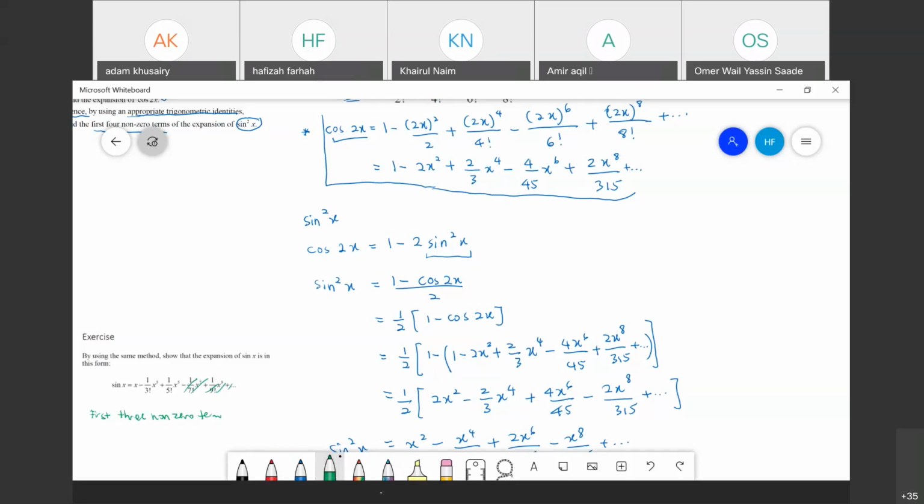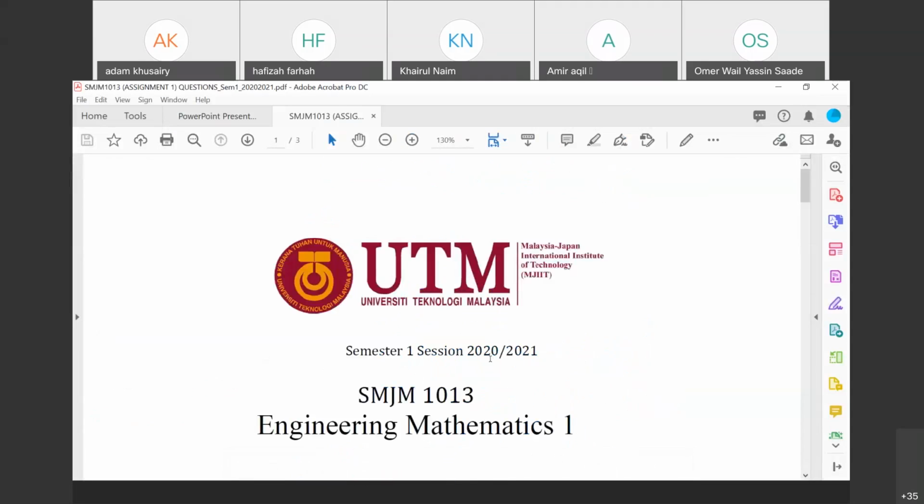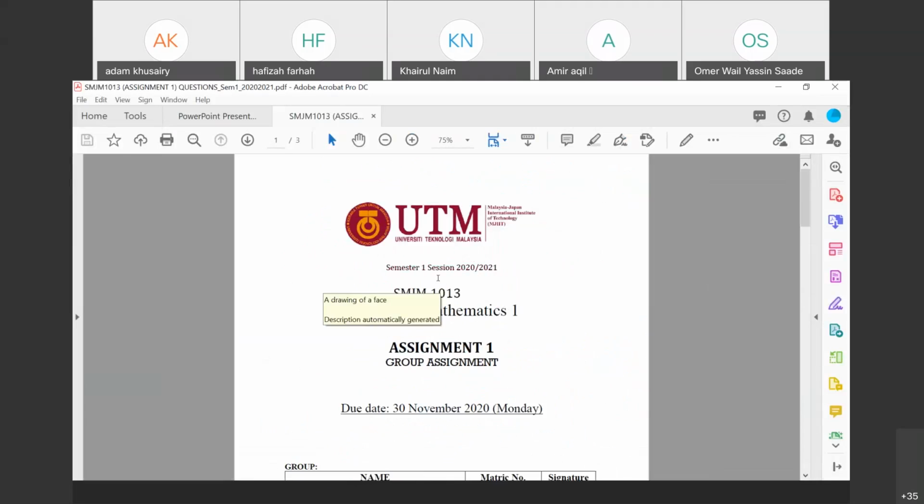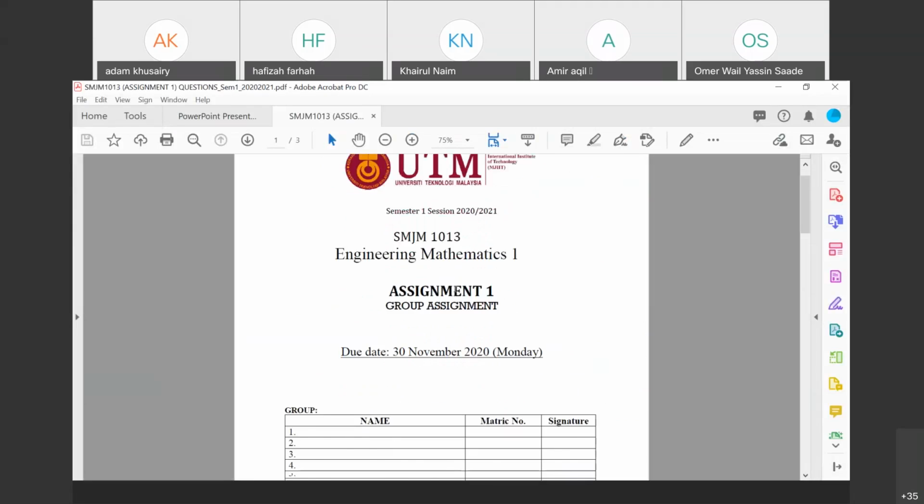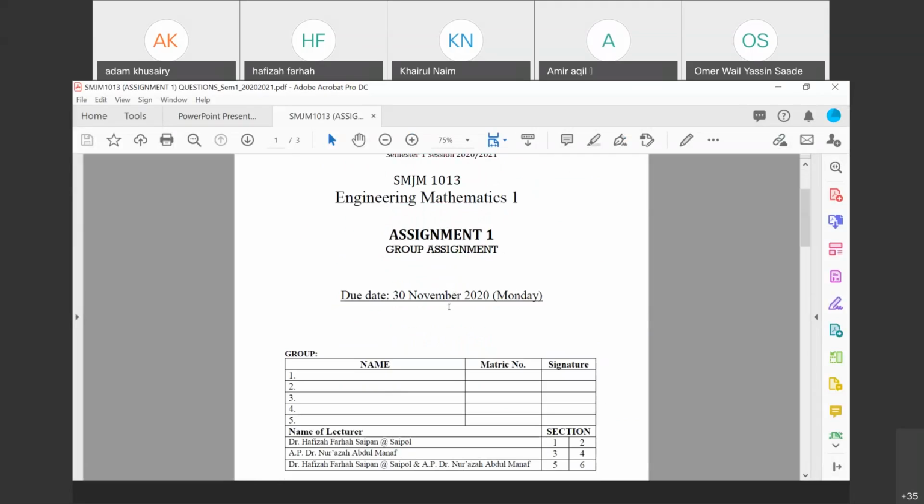But before that, I want to give you assignment 1. So for assignment 1, this is the group assignment. Can you see this assignment? You have to get at least 4 to 5 members per group, but make sure you are all in the same section.